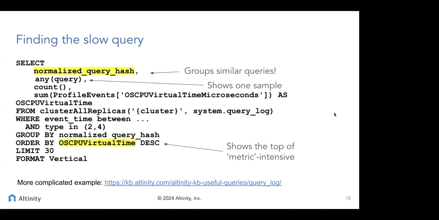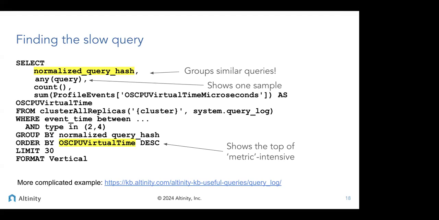It removes all the constants from where conditions, all the exact numbers, exact strings, and so on, and after that it creates a kind of normalized query. From that normalized query, it calculates a hash. It's very handy to group the queries by that field. So now we can group the similar queries.